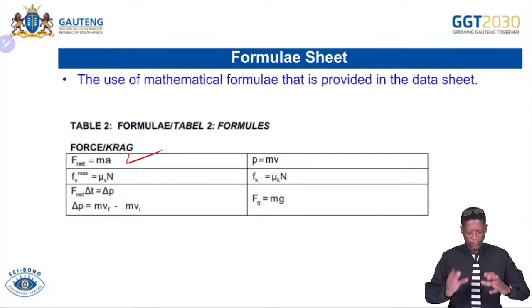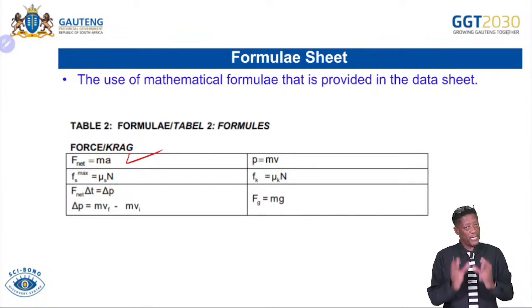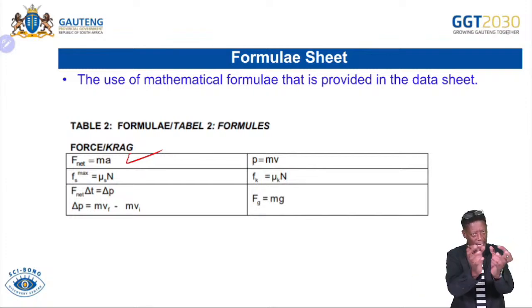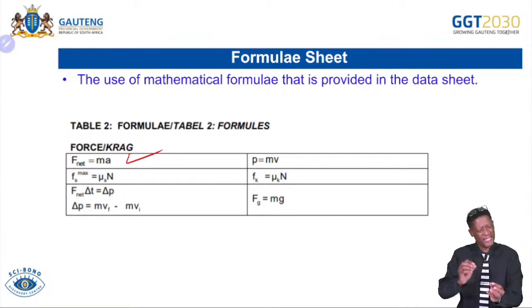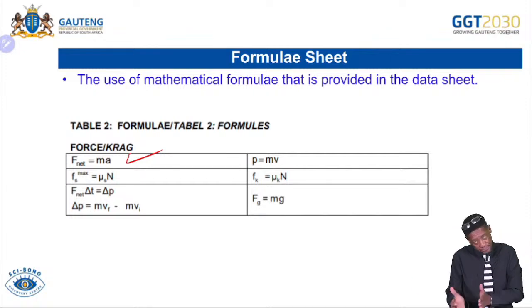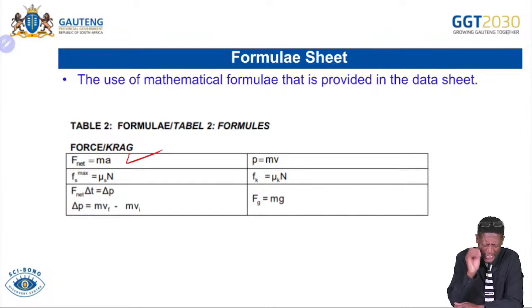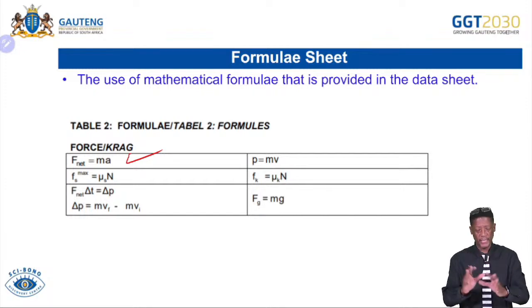So the skill is, if you start with a word problem, you collect data. Once you have your data collected, you look for the correct formula or equation at the back of your question paper. Then you pick the correct one. Then you substitute. That is very important.